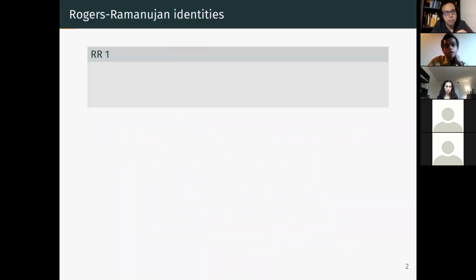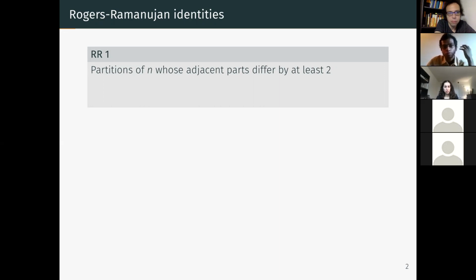All right, let's go ahead. I want to talk about identities of Rogers-Ramanujan type. These are identities about restricted partitions. Let's review the first Rogers-Ramanujan identity. It concerns the partitions of n in which adjacent parts differ by at least 2.